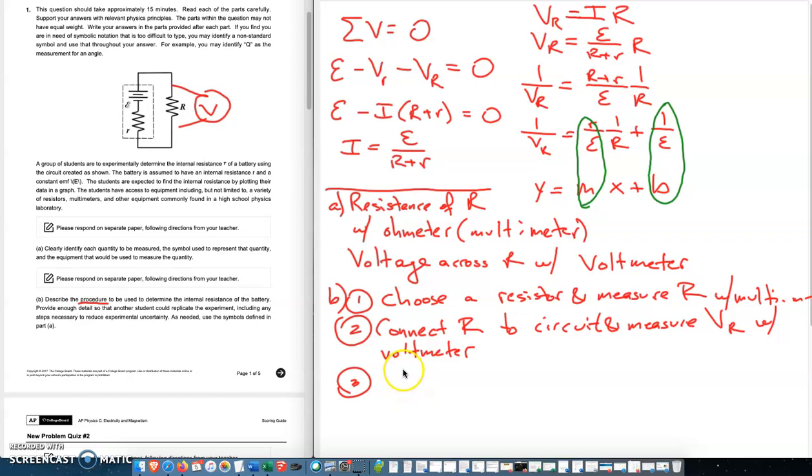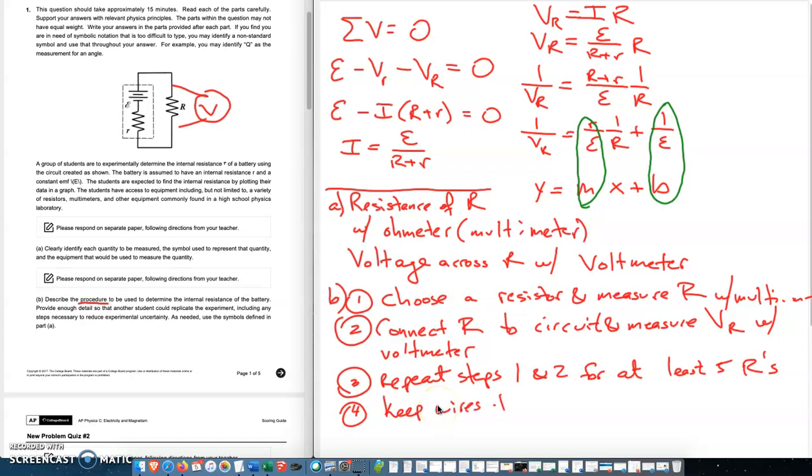Three, repeat steps 1 and 2 for at least 5 resistors. 4, keep wires the same.